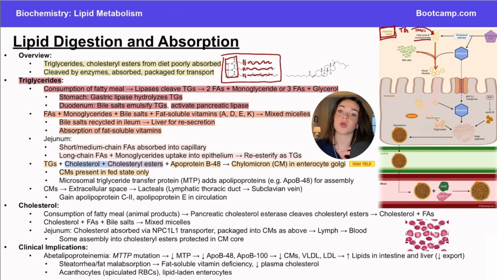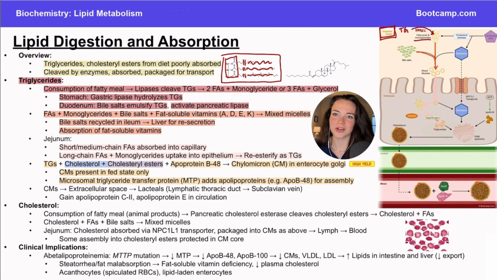And there's a molecule called the microsomal triglyceride transfer protein, called the MTP for short, or sometimes you might see it as the MTTP. It's the same thing. The purpose of this protein is to add the ApoB48 to that chylomicron, wrap everything up with that ApoB48, and make sure it's packaged into the chylomicron and ready for export into the blood.